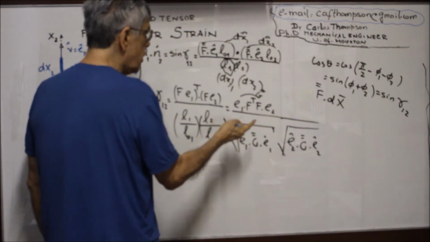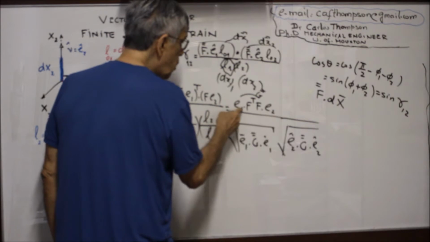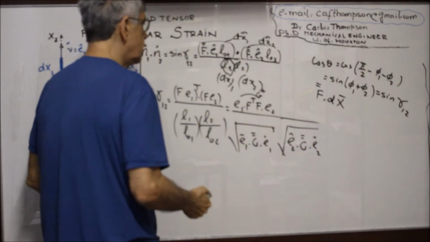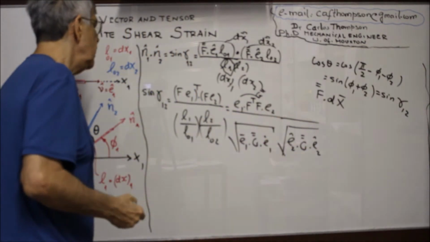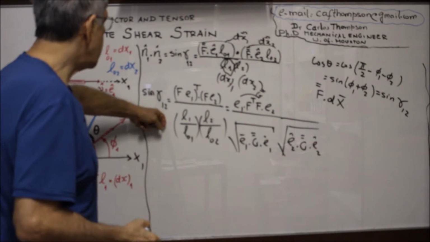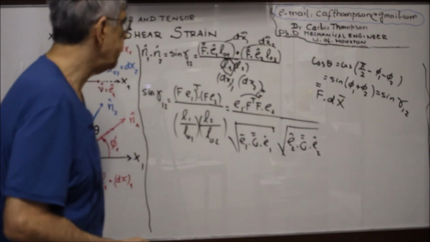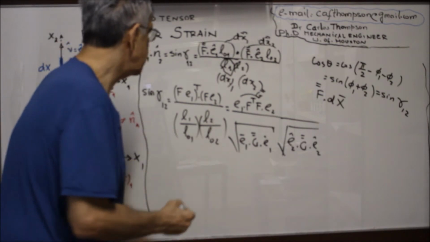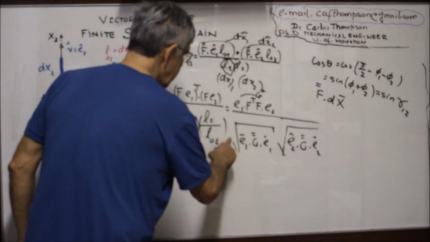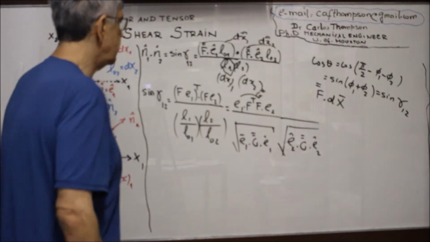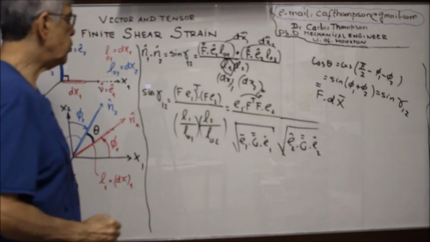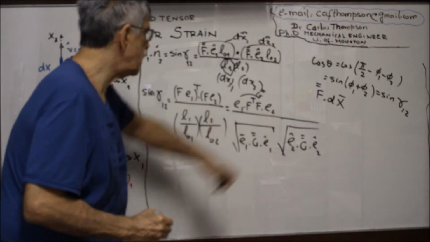Now we want to know what is E1 dot G dot E2. You see, sine of gamma 12 is E1 dot G dot E2 divided by these two square roots over here. This is equal over here. Now let's do E1 dot G dot E2.